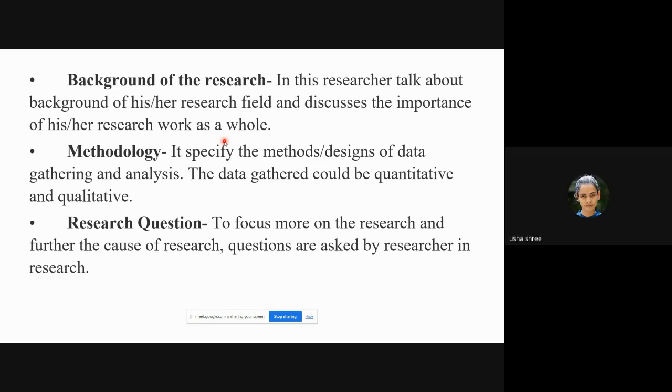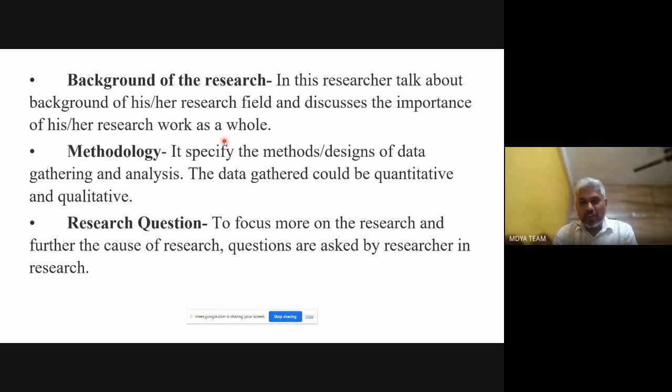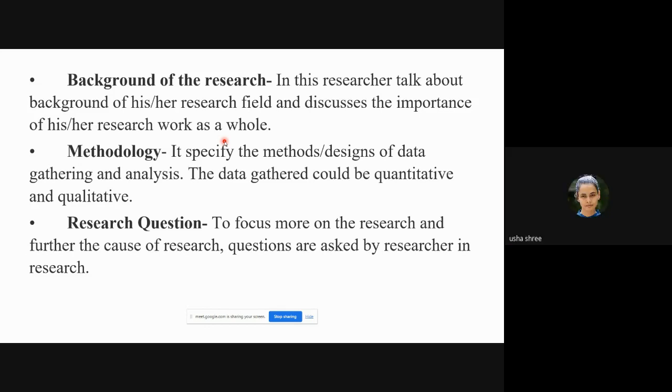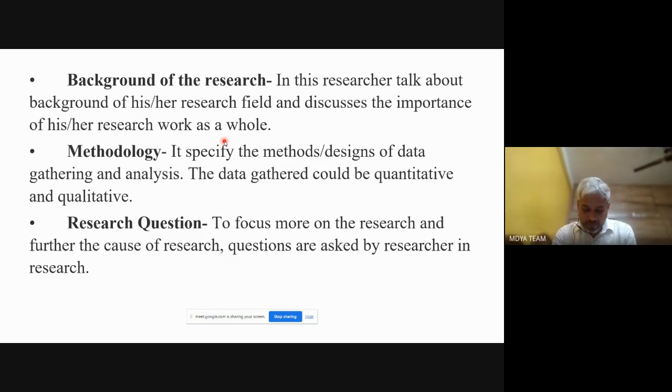The side headings we can remember, but the problem would be when it is not a quantitative study. When there is a qualitative study, like a case study, methodology will always be there. Without methodology, you cannot complete your research.